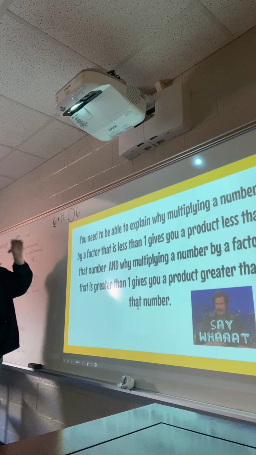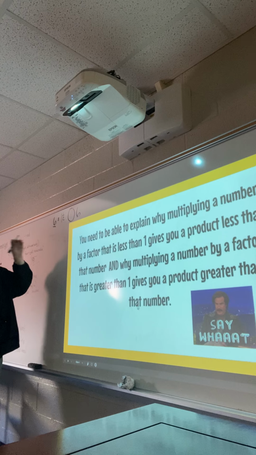You get that part. So I know just by looking at it, I can already tell that 6 is going to be greater. And I know that because if I multiply 6 by a half, it's going to be less than 6. I don't have to know how much less it is than 6 because I know 6 is going to be bigger. All right? It's going to be greater than. So that's my first rule.